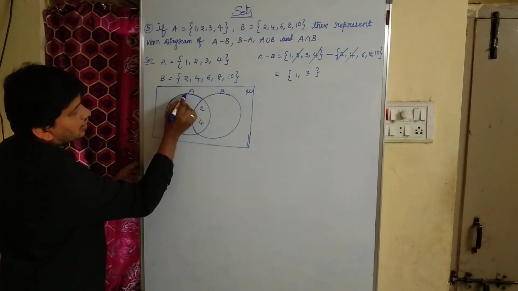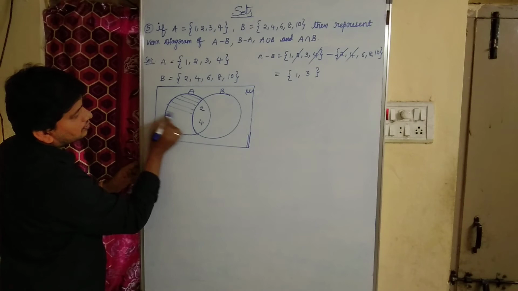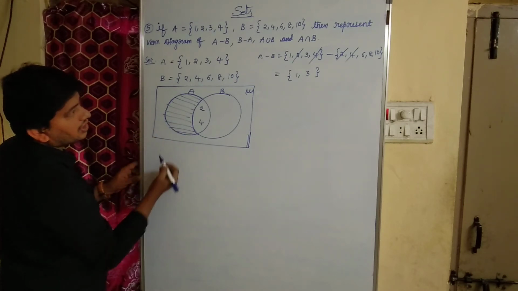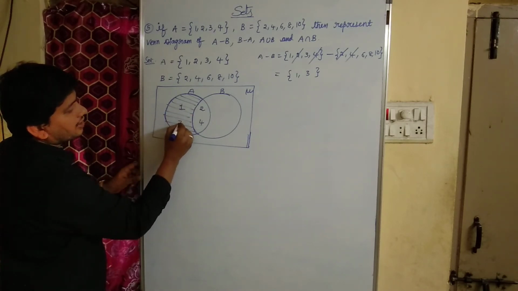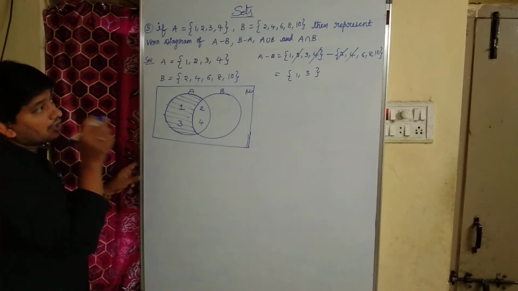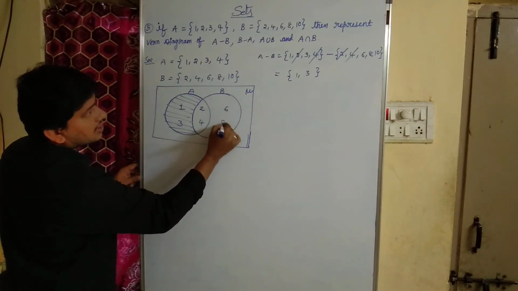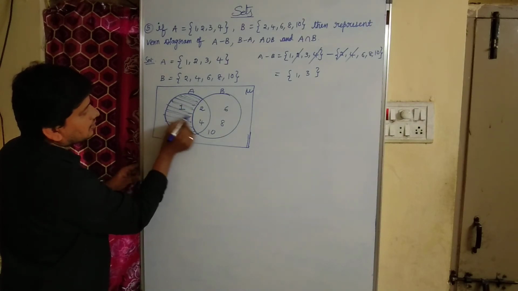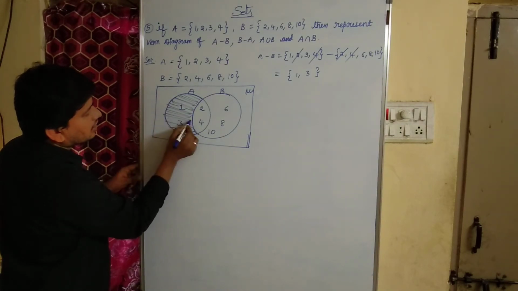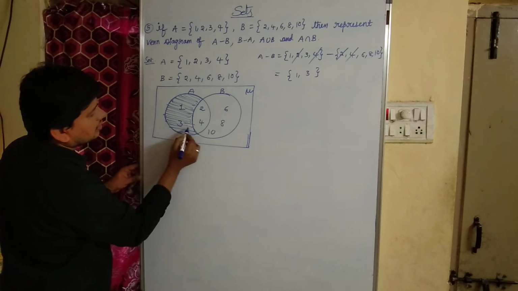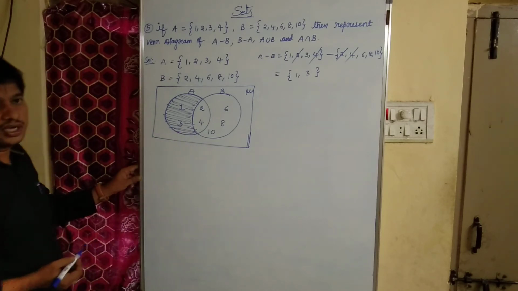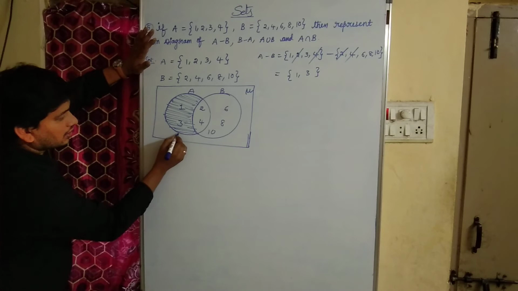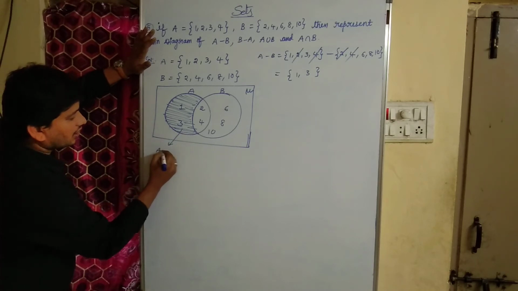This part is our only A, that is 1 and 3. What about B here? We have 6, 8, 10. So this is our A minus B. Right? Using the Venn diagram, this part indicates our A minus B.